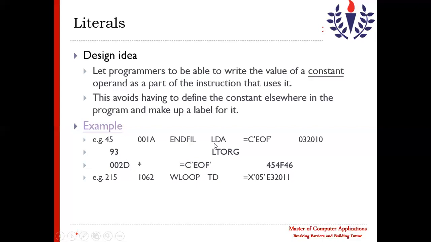So a literal is defined with the prefix equal to, followed by a specification of the literal value. Here this is a value in this statement, again this is the value in this statement, and 05 is the value for this. These are all examples whose values are a character string and a hexadecimal value. For this constant operand, the value is end of file.